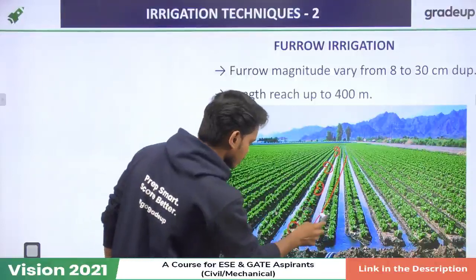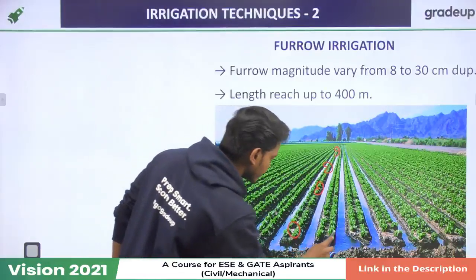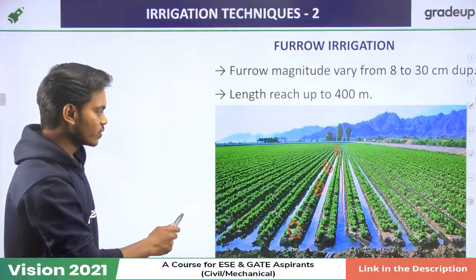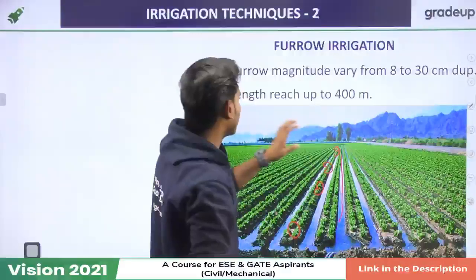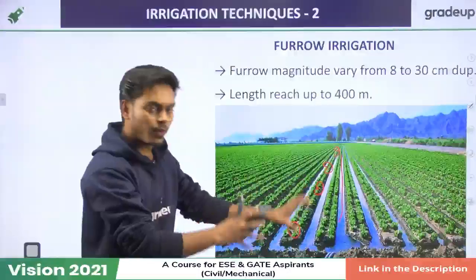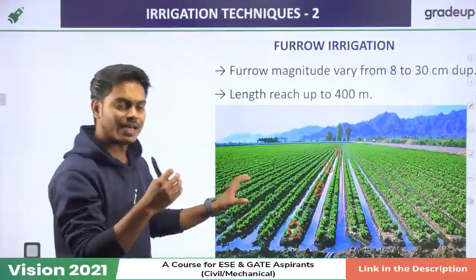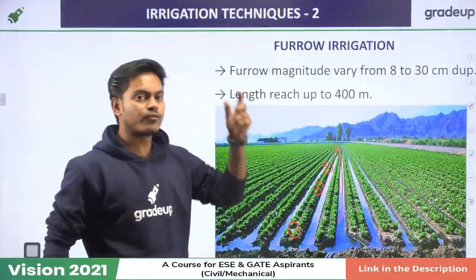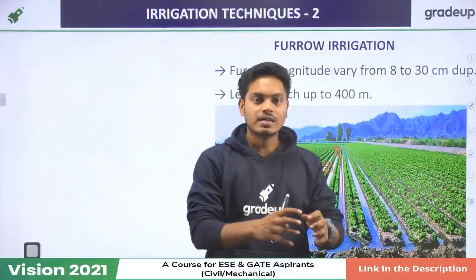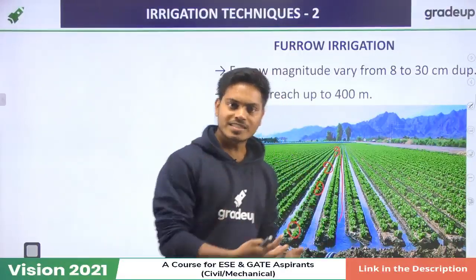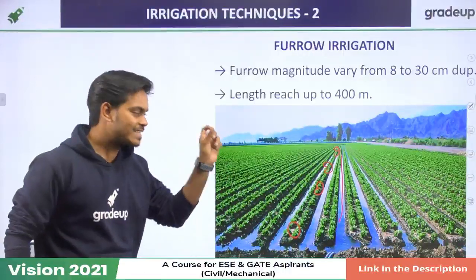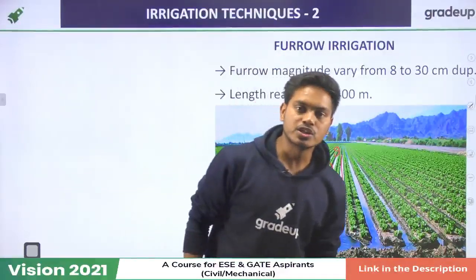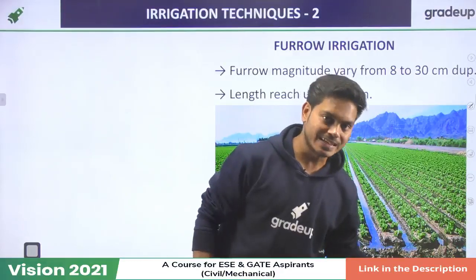So we are having this type of technique. See the amount of water, the surface area for which this water is exposed to the atmosphere is less. That's why the evaporation will also be decreasing.